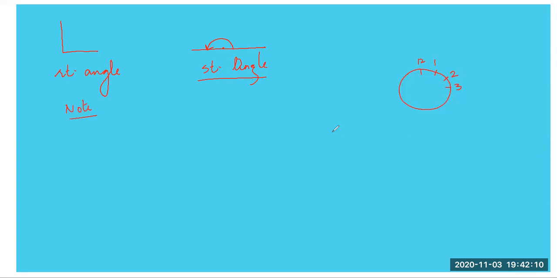Can you tell the angle between two successive digits of a clock? Angle between two successive digits of a wall clock, or simply a clock, means I'm talking about this angle.